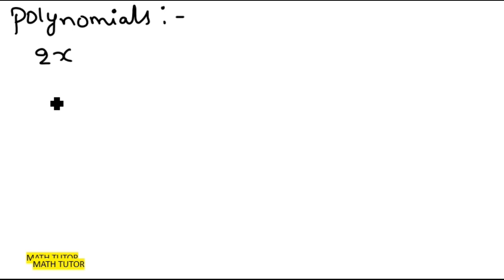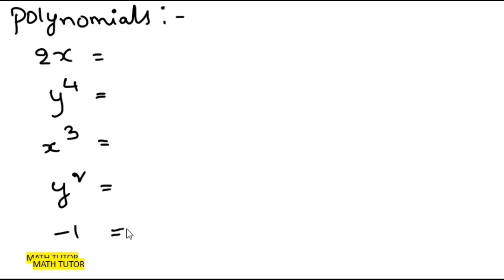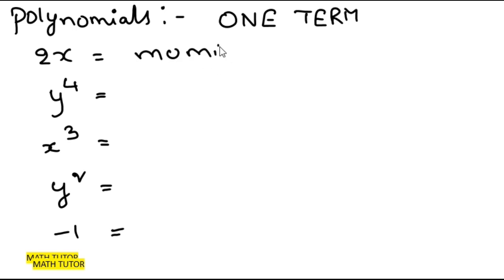Some more examples: 2x, y⁴, x³y², or simply −1. If you observe, in each of these there is only one term. So these are examples of monomials.